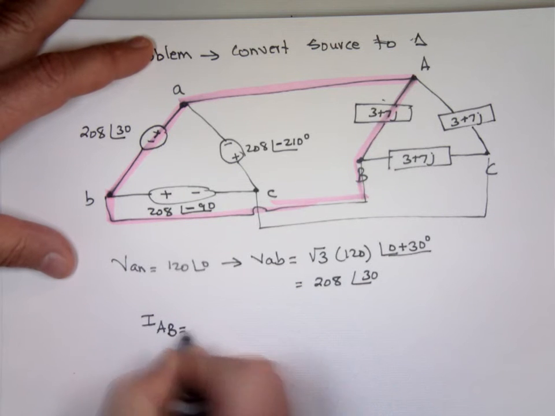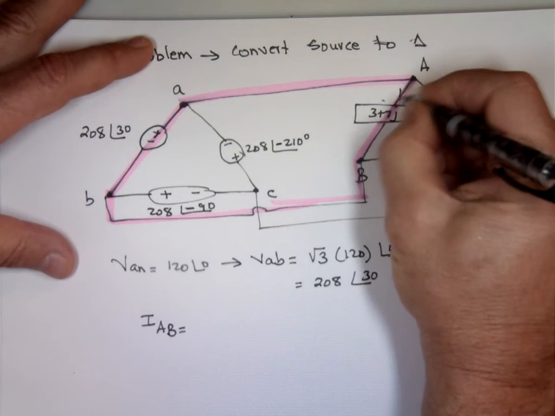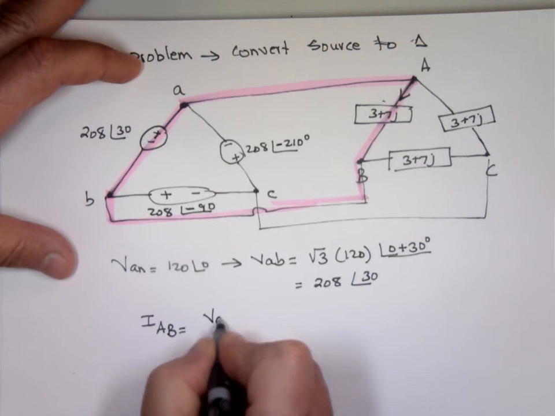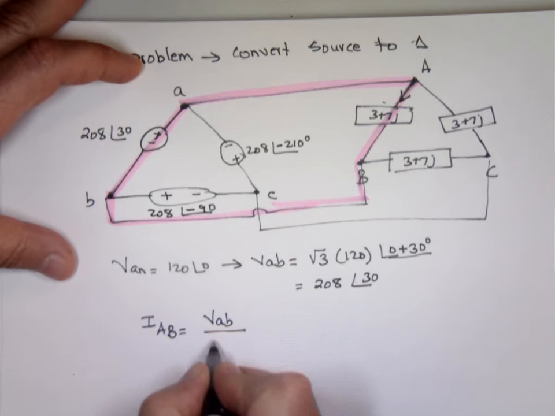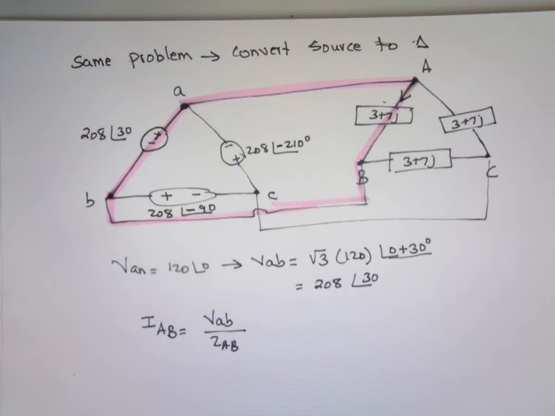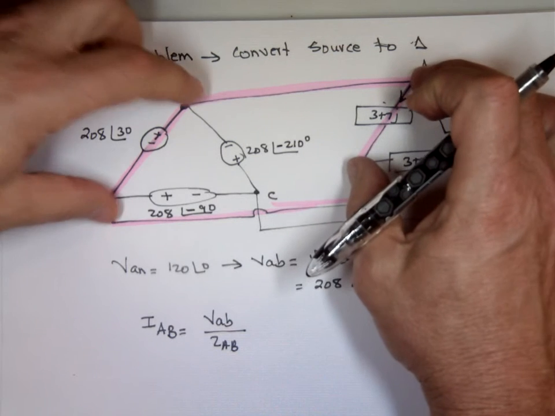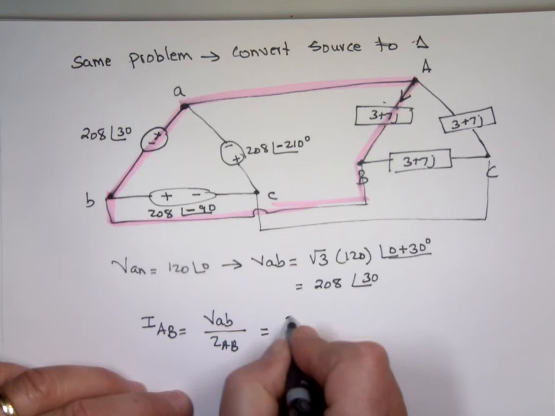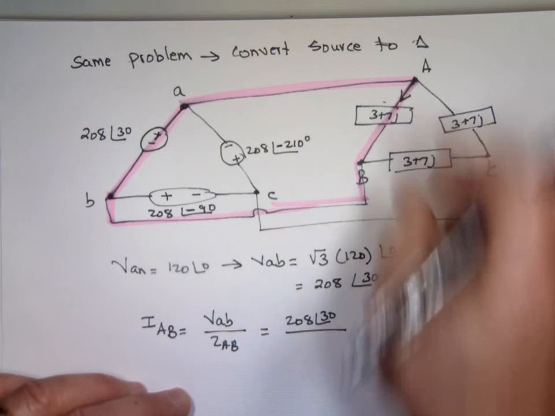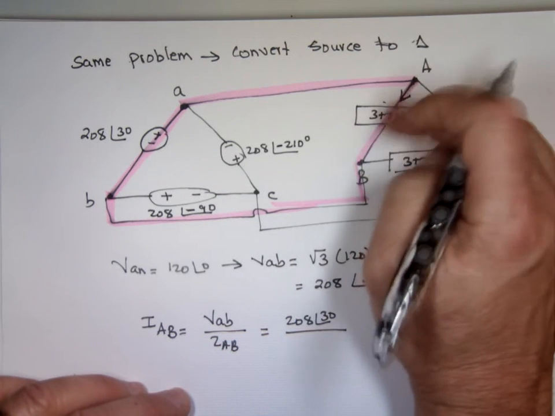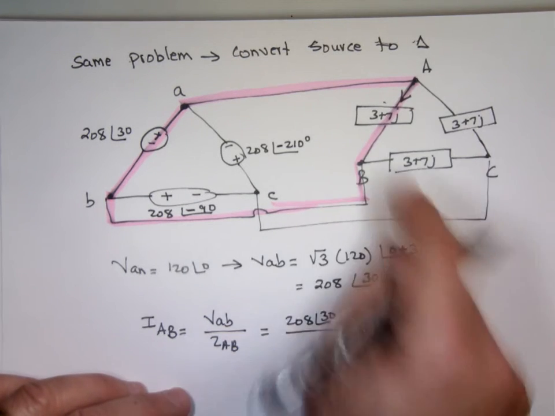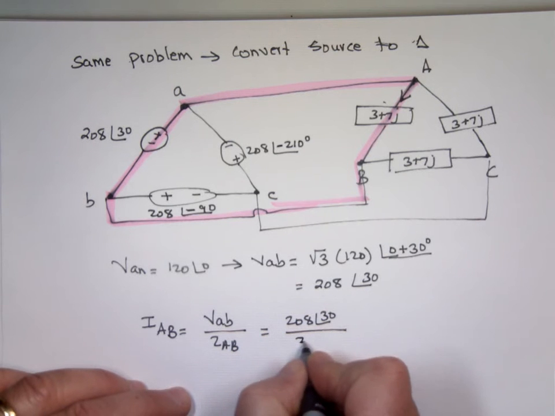Coming down, that's this one. It is equal to what? VAB divided by Z between A and B. The voltage here is the same voltage right here. That's 208 angle 30 divided by, what's the impedance here, not the current? 3 plus 7j.